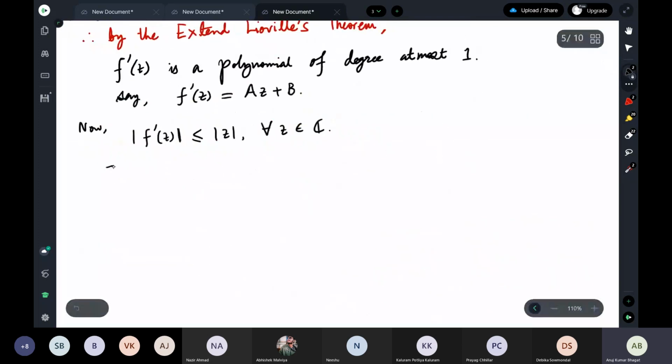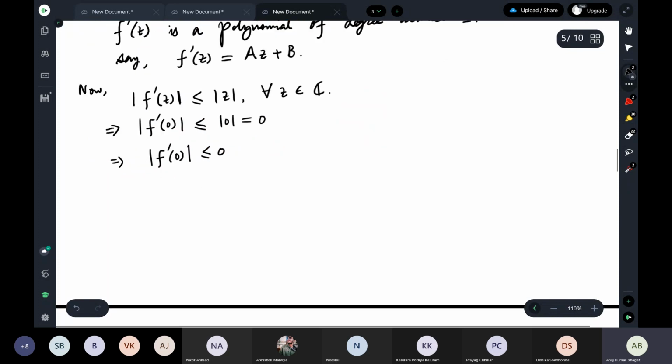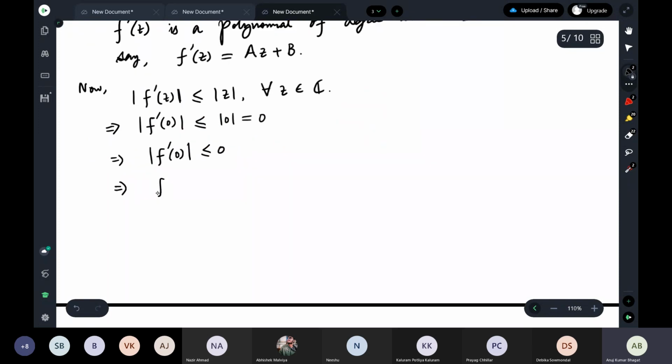So from here if I put z equals to 0, because ये सारा z के लिए true है, so modulus of 0 is nothing but 0. So that implies this complex number is lesser or equal to 0. That makes no sense, which means this complex number का modulus equal to 0 है, मतलब this complex number is indeed 0, right?